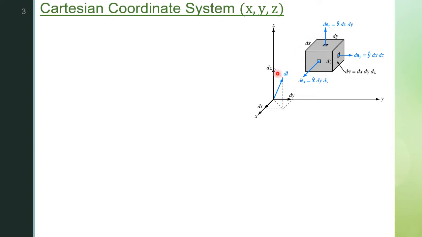If you consider this vector dl, dl is a combination of displacements along x, y and z. That is, we will move dx units along the x direction, dy units along the y direction, and dz units along the z direction.